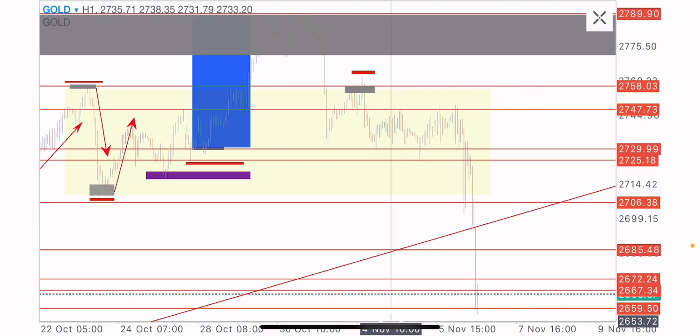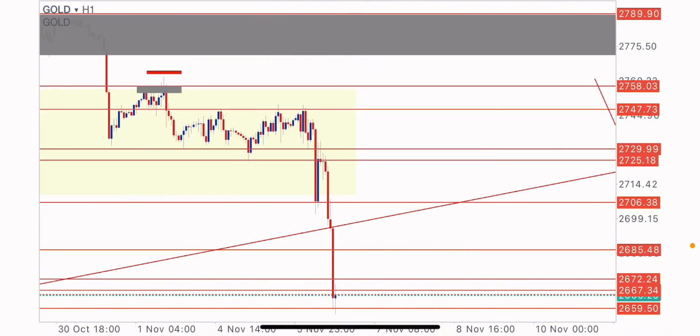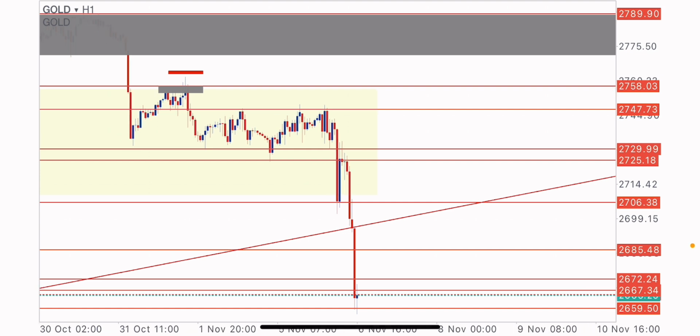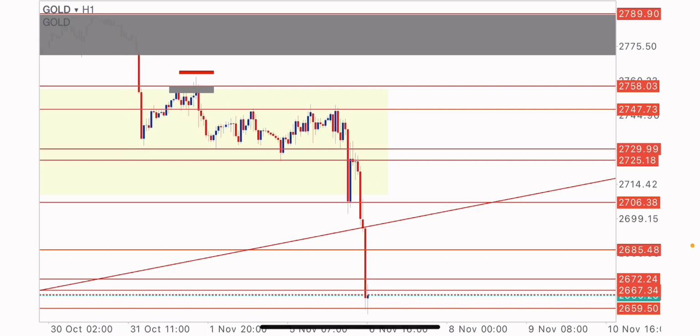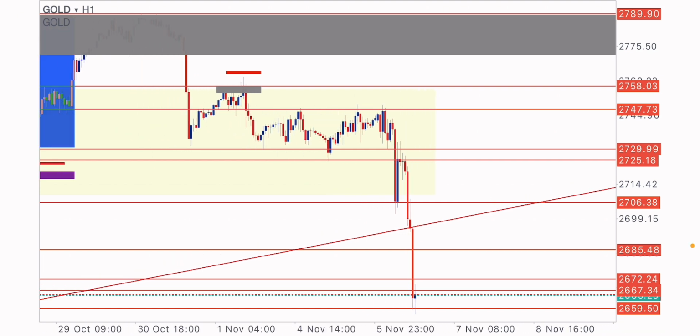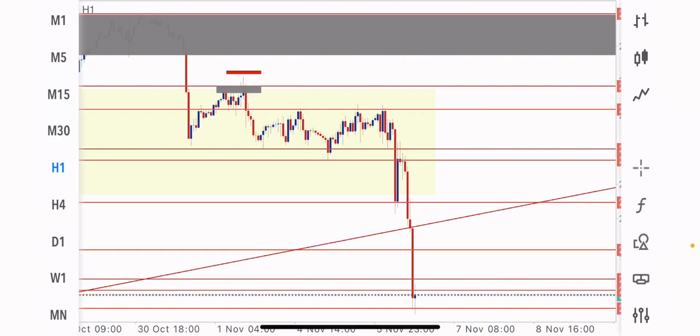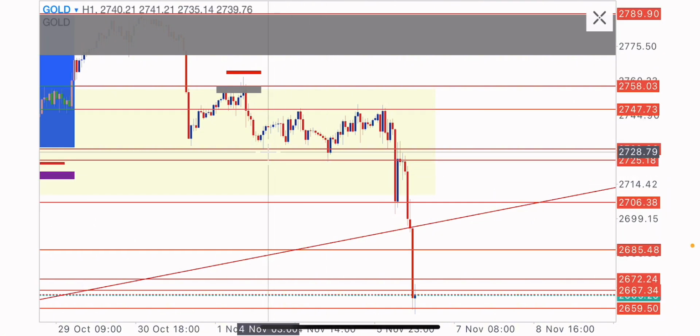Okay. So we can see at this point here that the market is actually in a good move right now, respecting each and every setup which we have placed here as our horizontal levels, right?